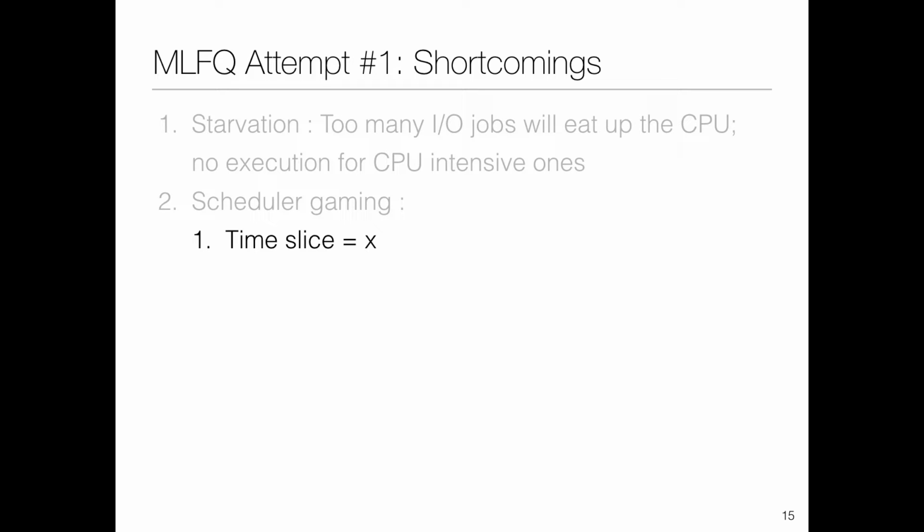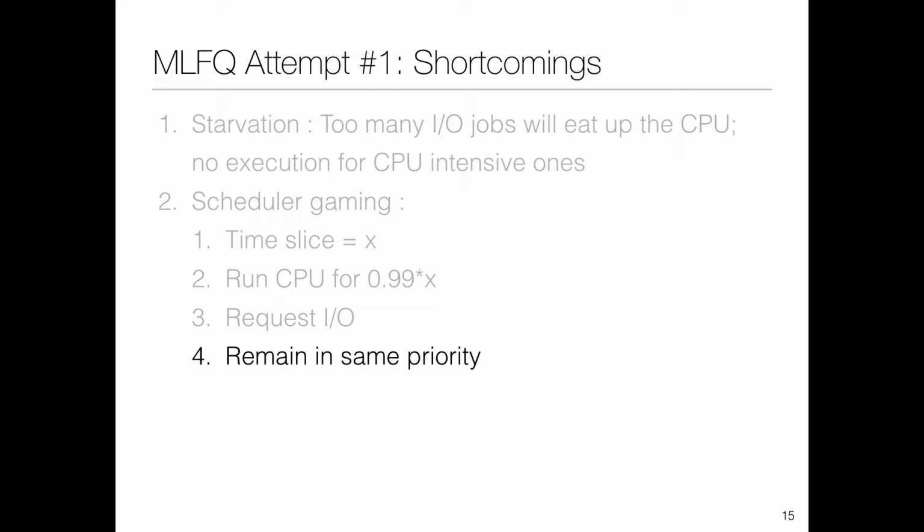Let's say the time slice is X units. I'll run the CPU for, let's say, 99% of the time quantum, and then make a system call, or a disk call. I may or may not require the disk. I could just write to a temp location, just unnecessarily trying to remain at the same high priority. Again, request an input output, remain at the same priority, and then go back to step 2. In this way, I'm effectively remaining at the same priority.